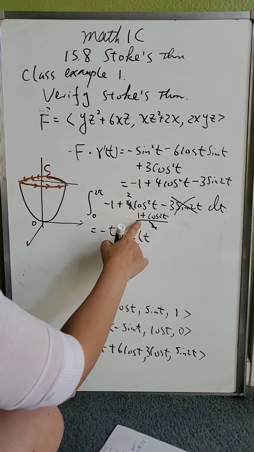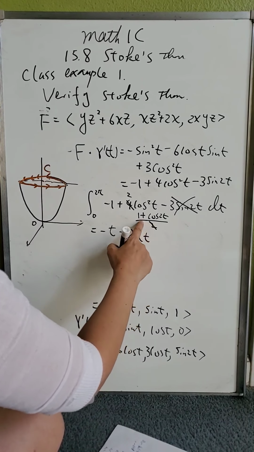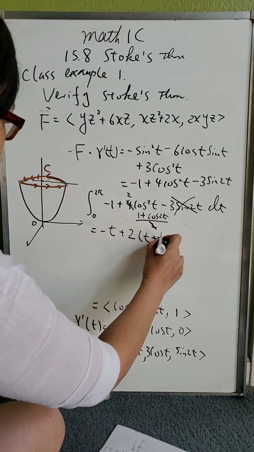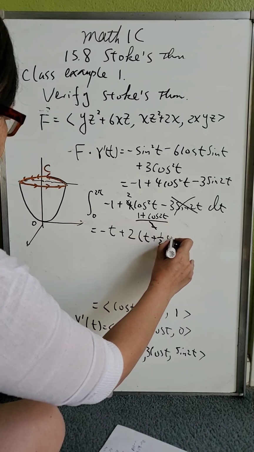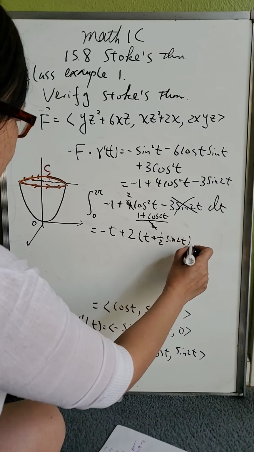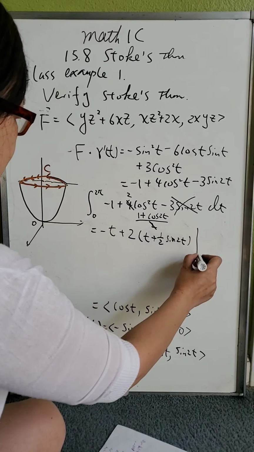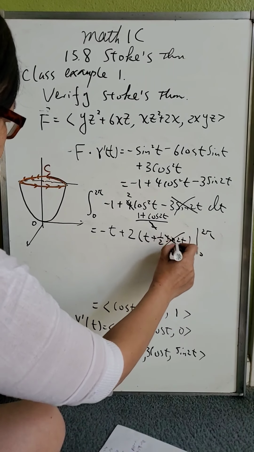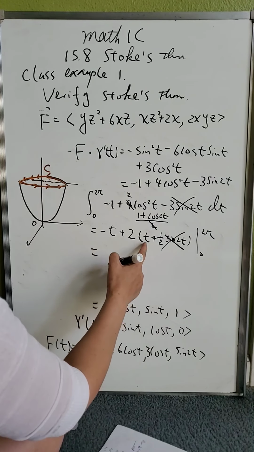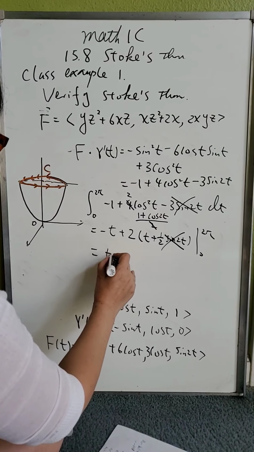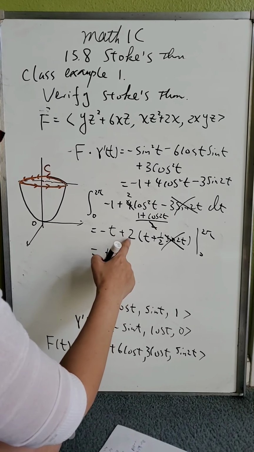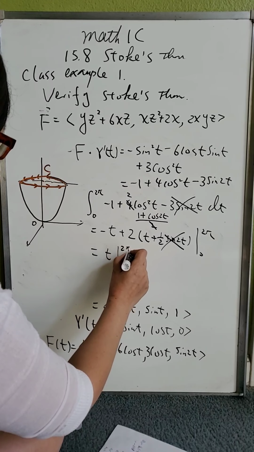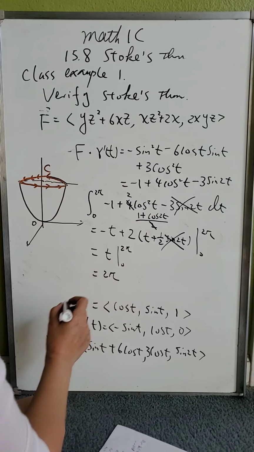I take out first, and then integrate the 1s, become t. This one becomes plus 1/2 of sine 2t. Okay, and then 0 to 2 pi. Again, this up power also goes to 0. So it becomes t. This is negative t plus 2t is a t, 2 pi. So the answer equals 2 pi.